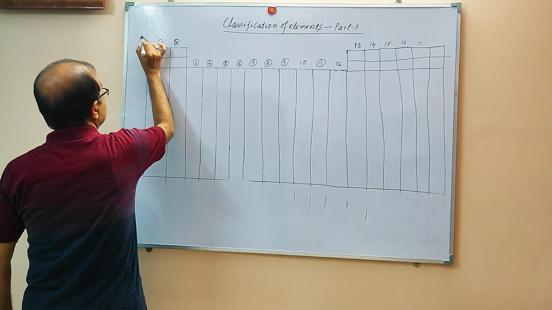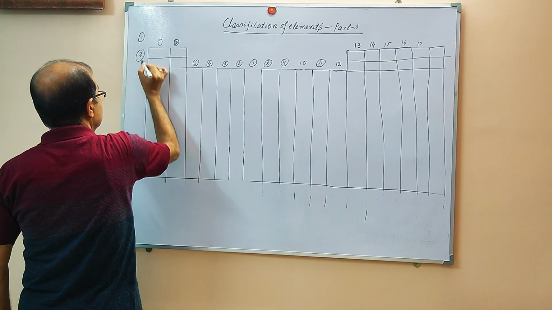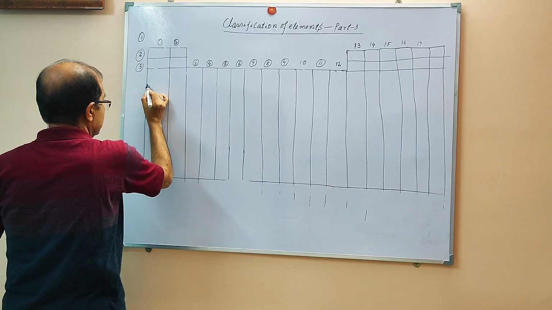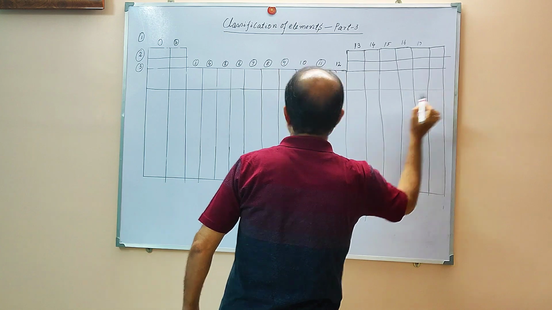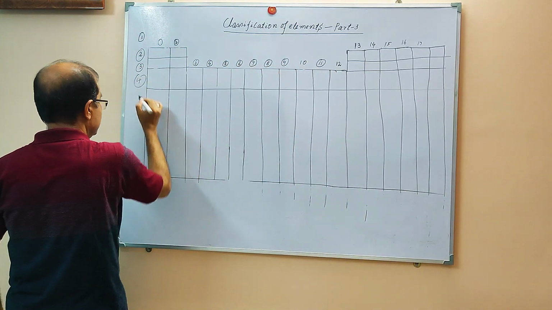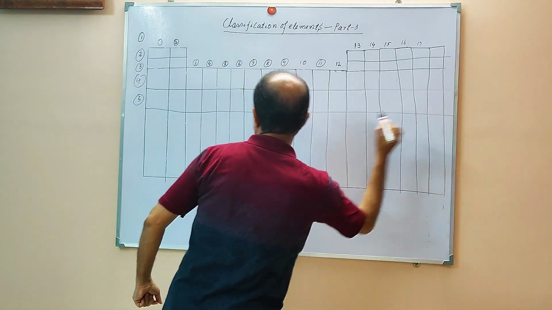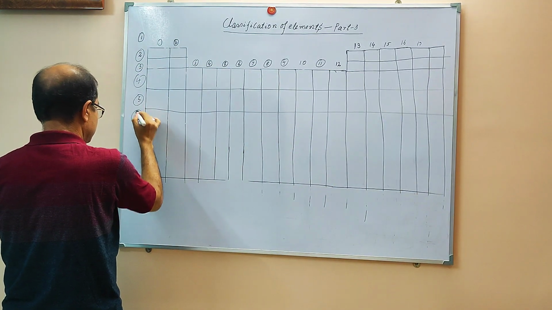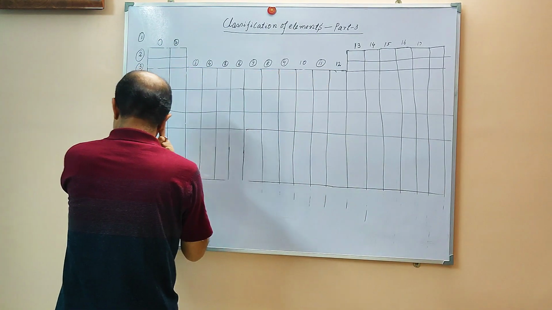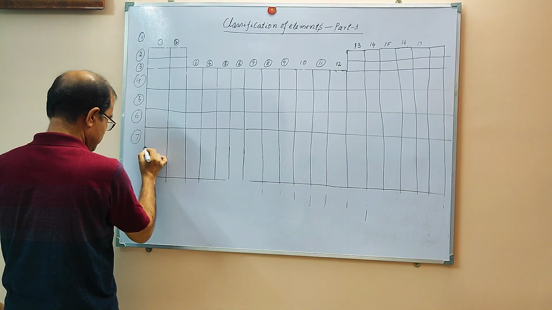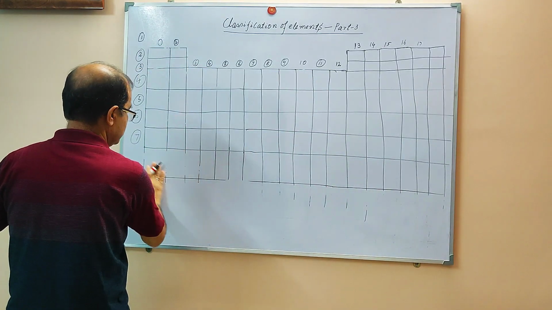And this is the period number 1, 2, 3, then you can see the period number 4, 5, then 6, and there is the period number 7.